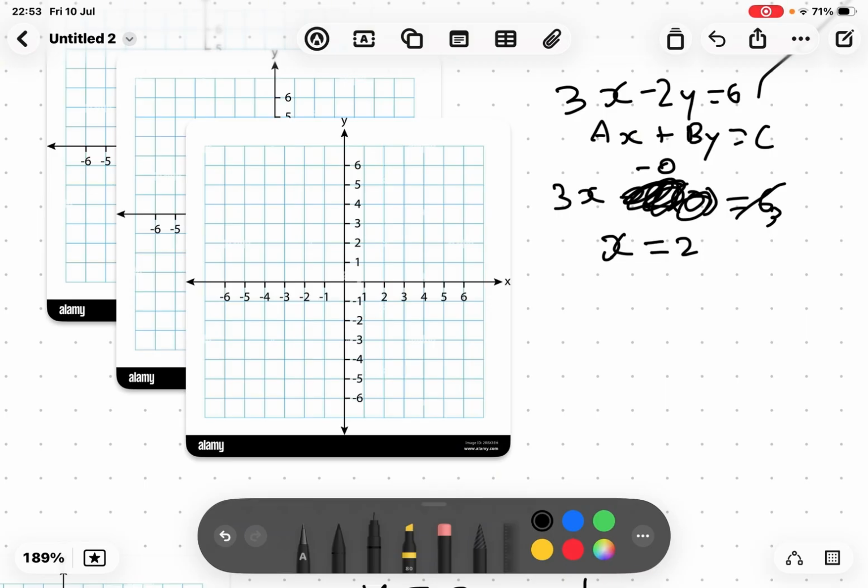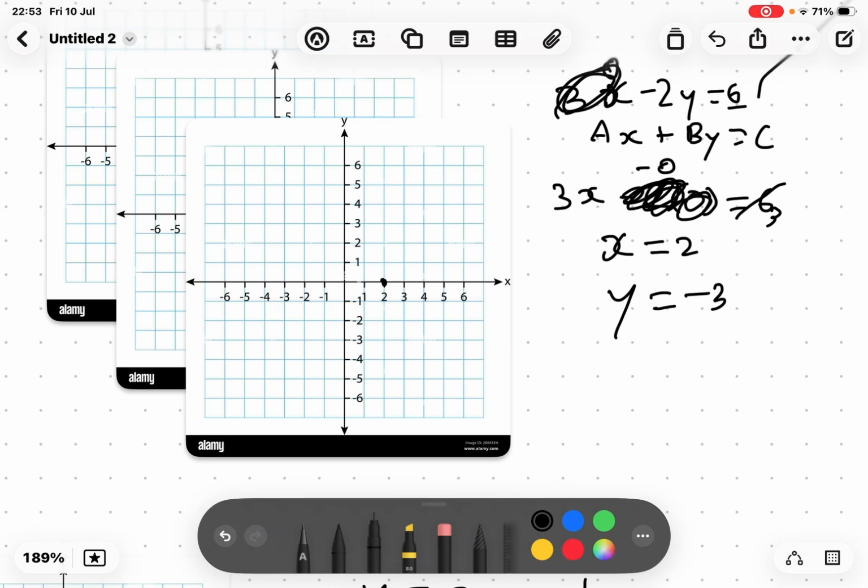So let's just plot it straight away. So 2. And then for the y-intercept, we do the same. We replace x with 0. This becomes 0. And then negative 2 divided by 6 is y equals negative 3.